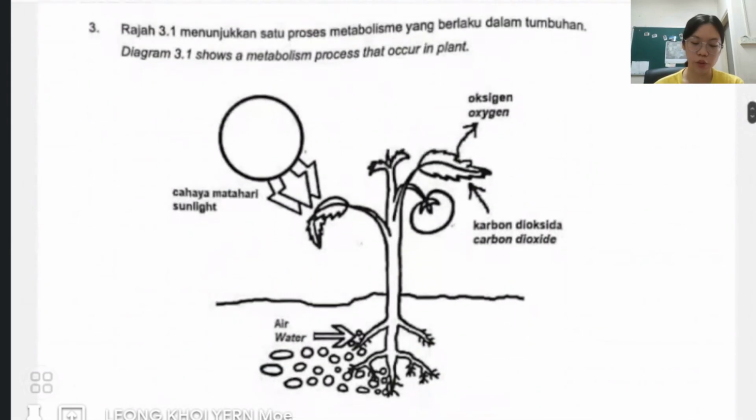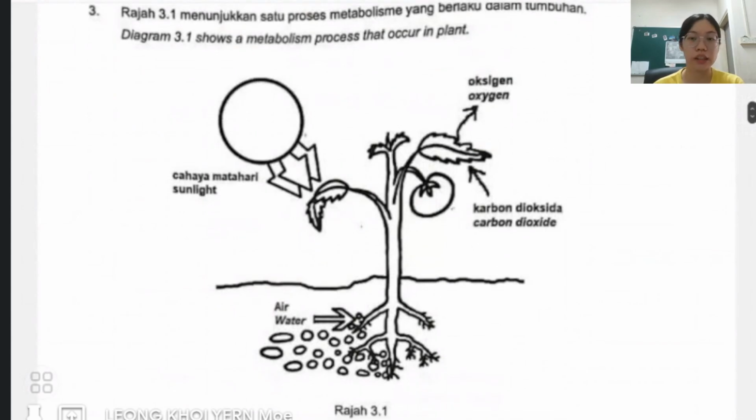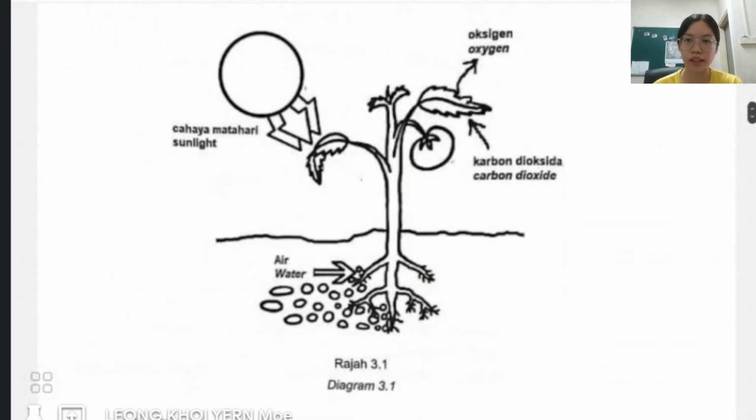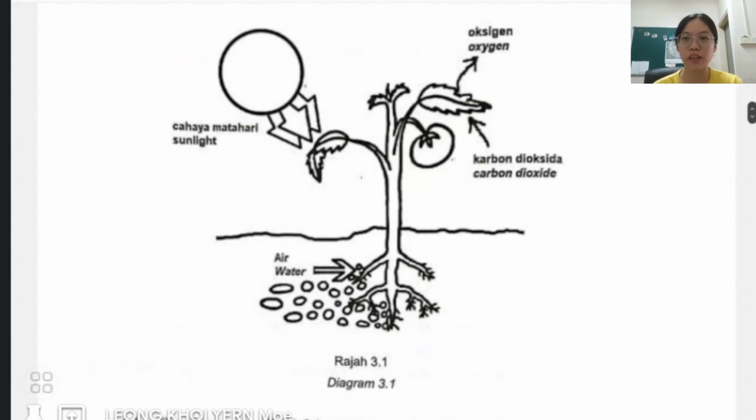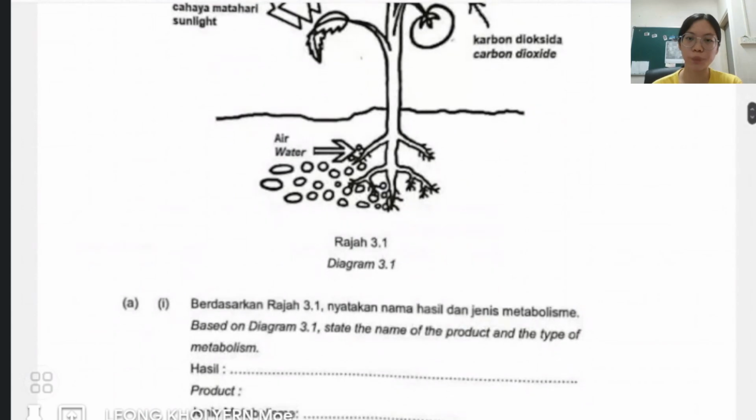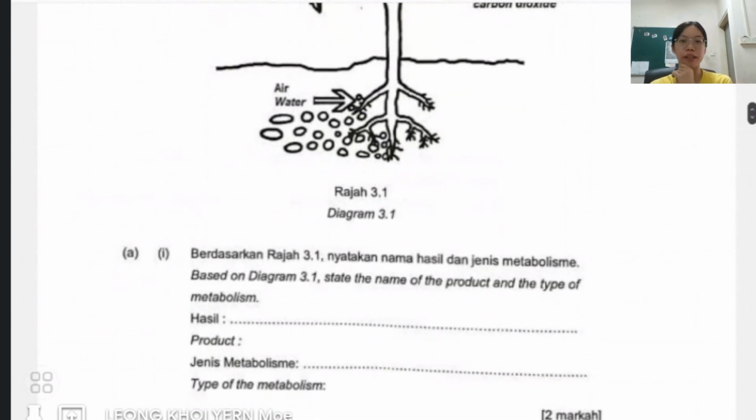So the next question is showing a metabolism process that occurs in a plant. This is basically photosynthesis because they use sunlight, absorb carbon dioxide and produce oxygen as a metabolic byproduct. So what is the type of metabolism?